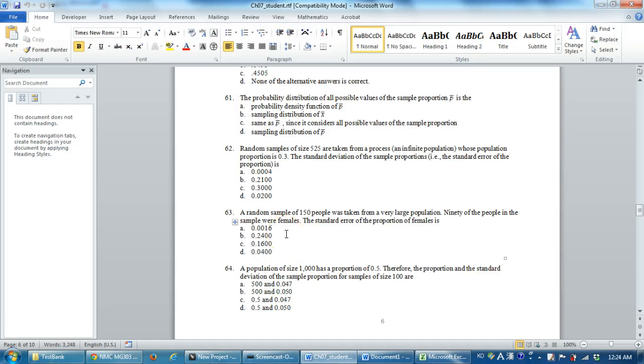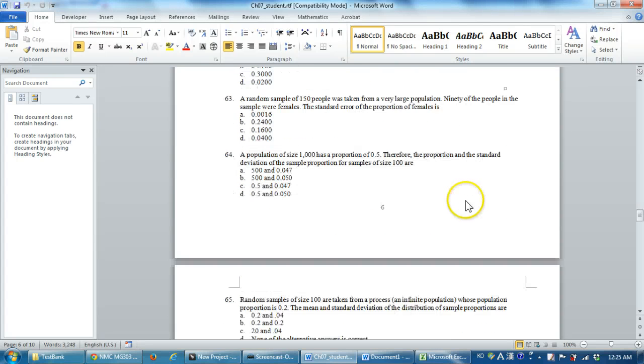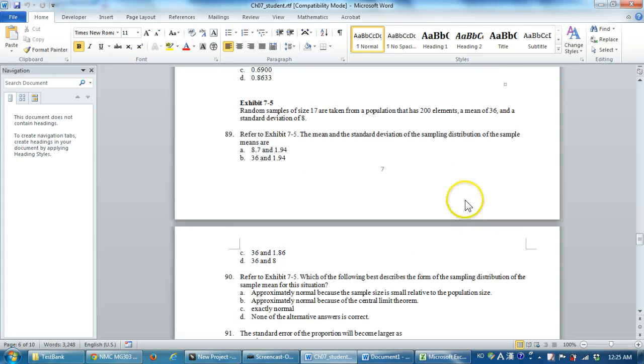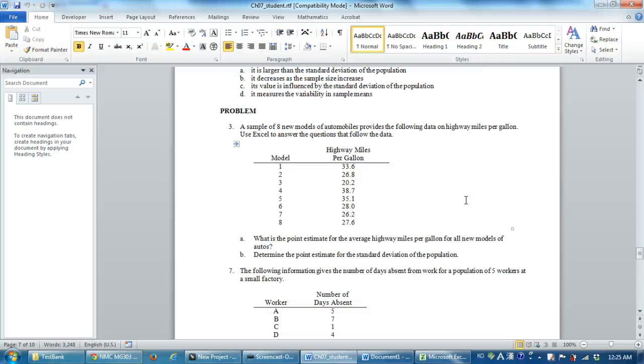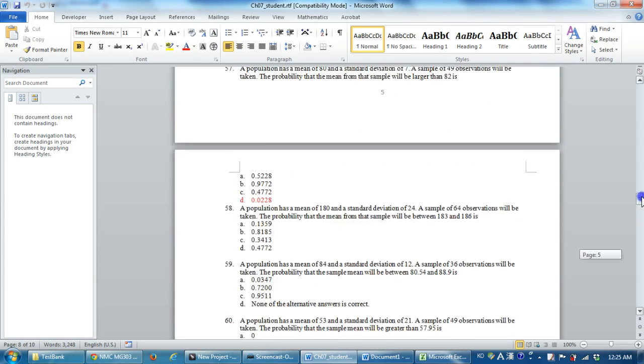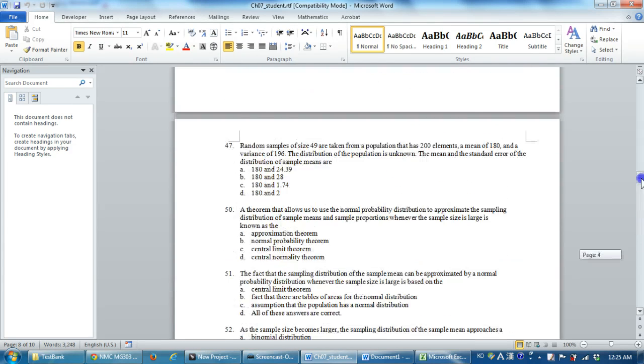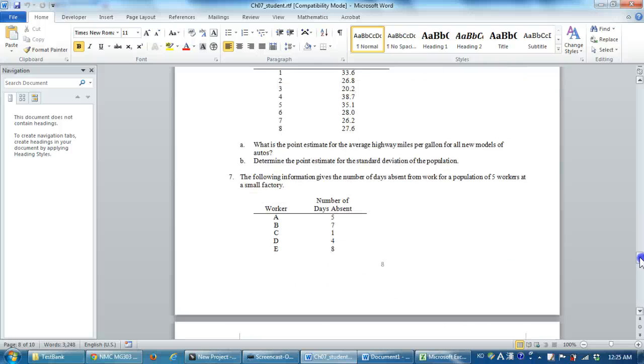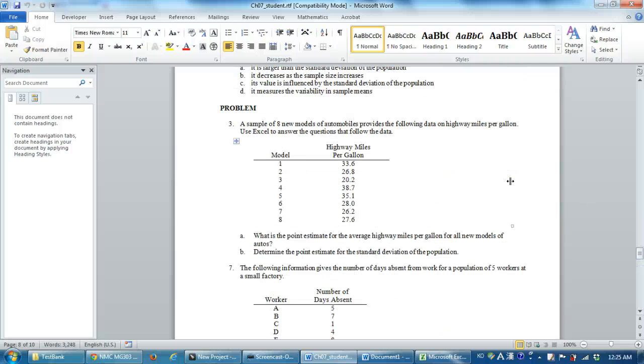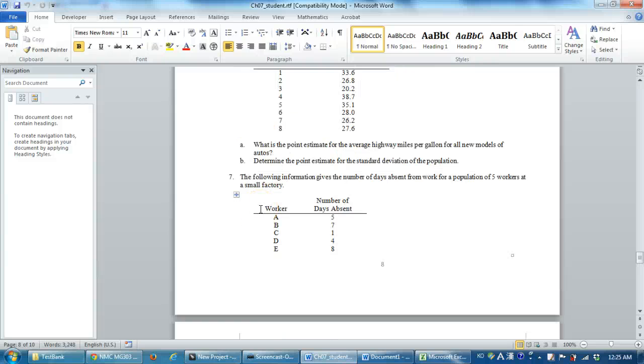Let's continue to discuss Chapter 7 final exam with the documentation that I passed out last week. Test Bank Chapter 7. And the previous slides explain about the multiple choice questions, by the way, and in here we highlight some of the questions in problem side.